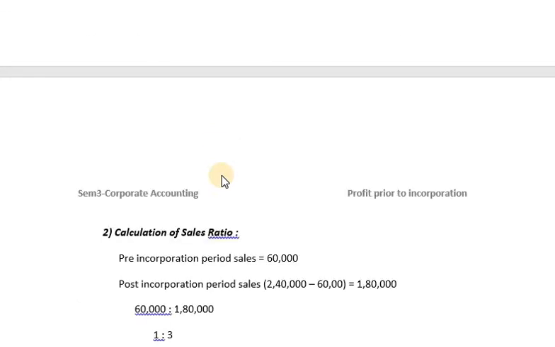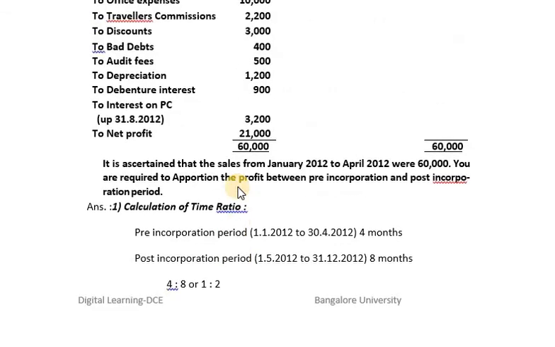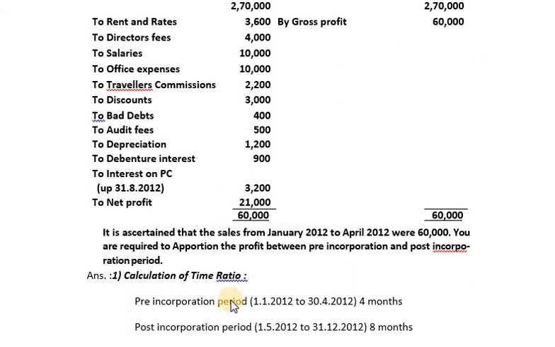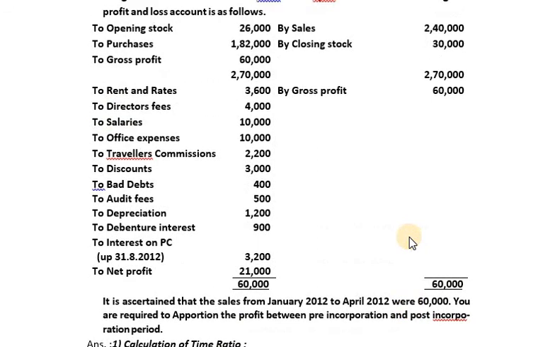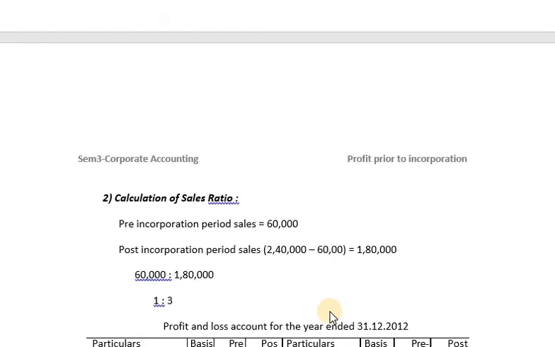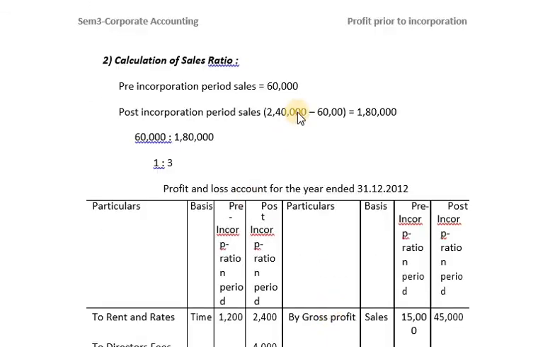In the second step, we calculate the sales ratio. What was our total sales as given in the problem? 2,40,000. Read the adjustment: it is ascertained that the sales from January 2012 to April 2012 were rupees 60,000. Of the total sales of 2,40,000, the pre-incorporation sales are 60,000.